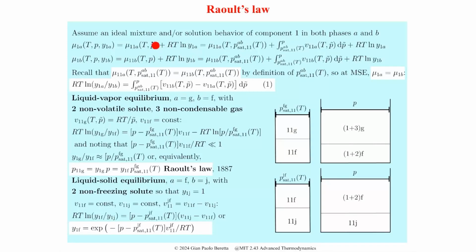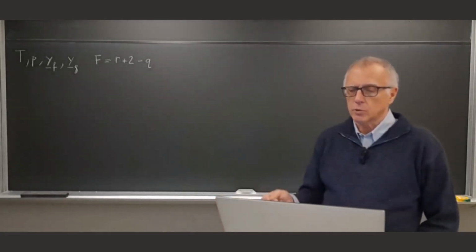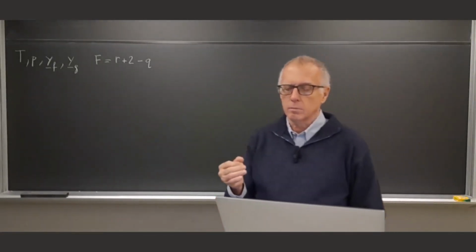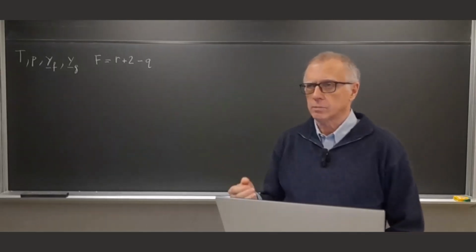And then we rewrite the chemical potential at pressure P. We rewrite it by integrating the derivative of the chemical potential with respect to P from P to P sat. P sat being the saturation pressure at which the pure substance at that temperature changes or boils or freezes.